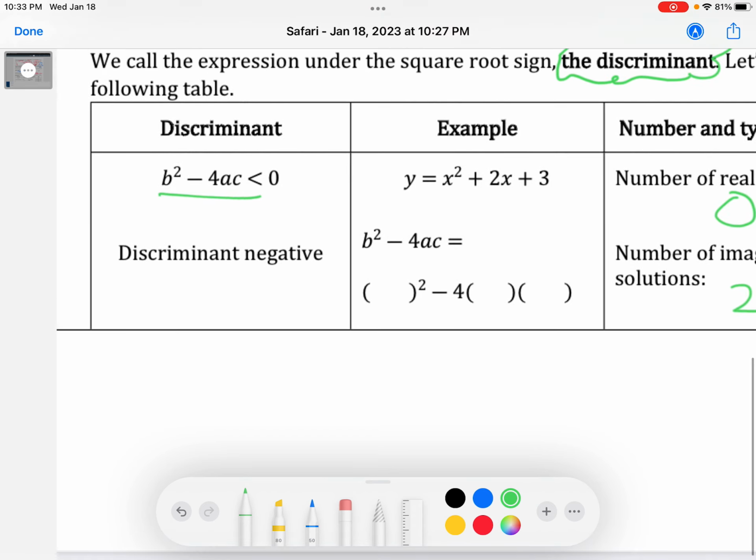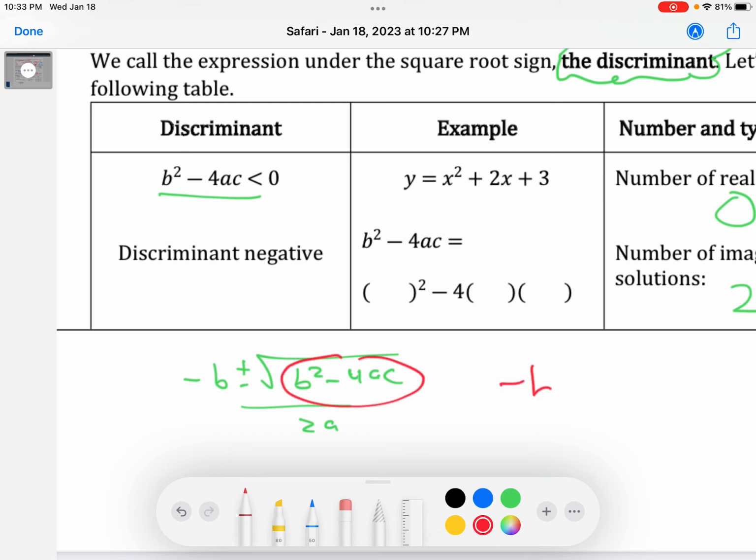Now, why is this? Let's just go through this really quick. Why do you end up like that? It's because quadratic equation, negative b plus or minus square root of b squared minus 4ac all over 2a. Now, if this whole thing is a negative number, let's just call it negative 7 or whatever, then that is going to turn into i square roots of 7.